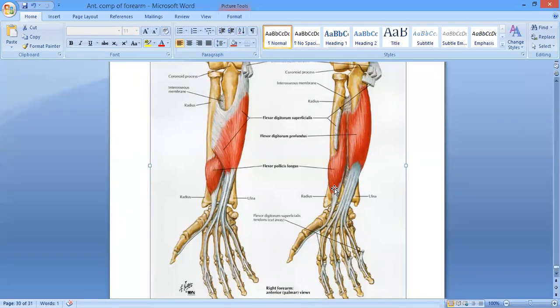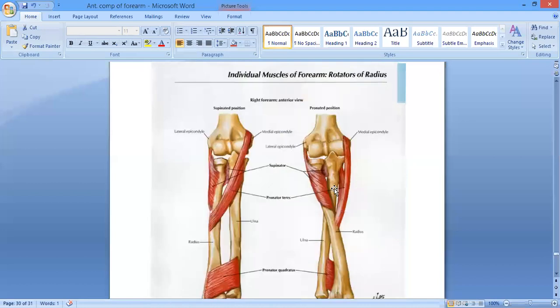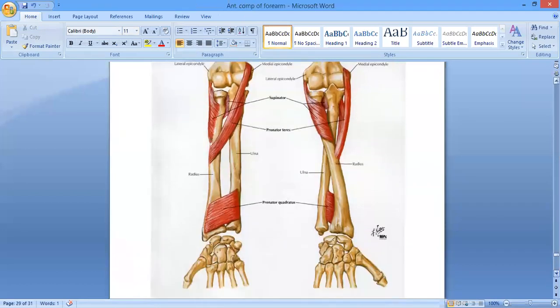The last muscle is the pronator quadratus muscle. It is a quadrate-shaped muscle, getting origin from the ulna and attached over the radius. So it is getting origin from the lower one-fourth of the anterior surface of the shaft of the ulna.